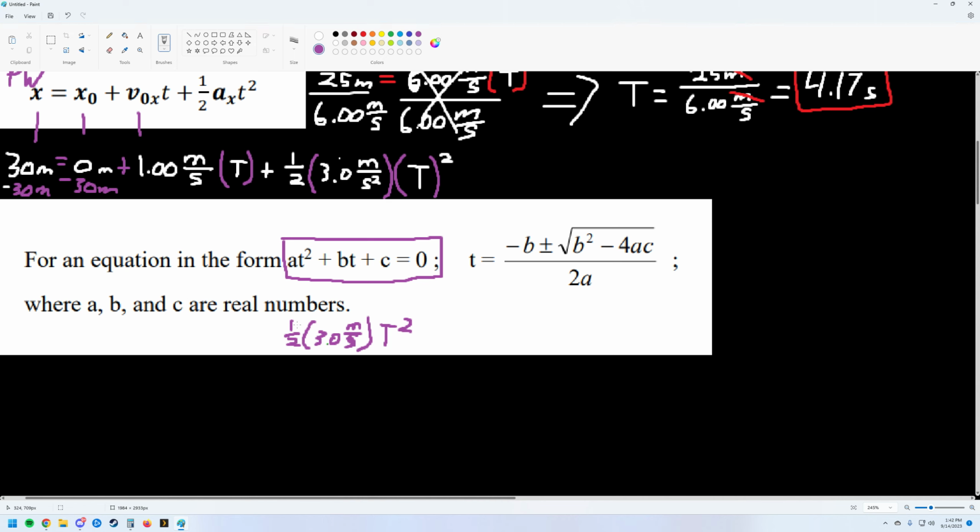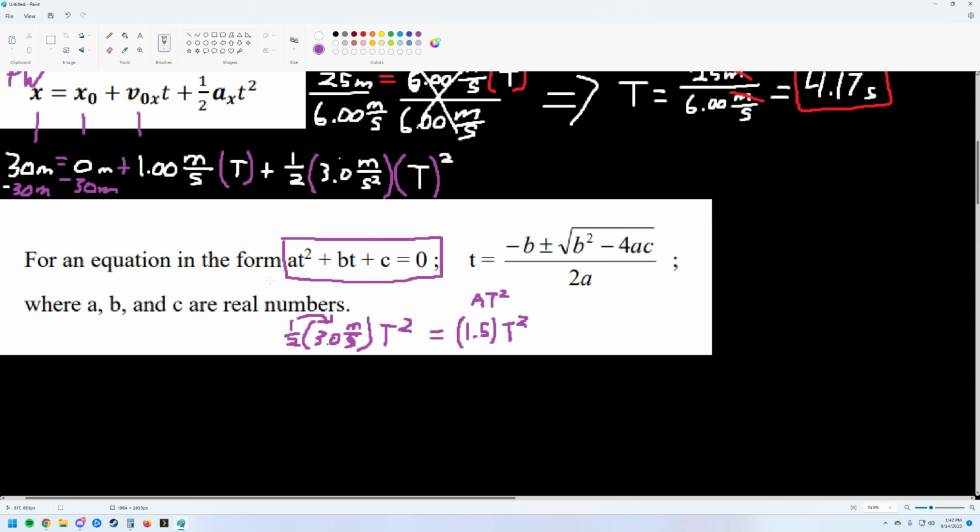We need to actually factor in our 1/2 into our 3.0. So that'll end up giving us 1.5 t squared. Maybe this will make more sense now, because we have AT squared. This is our A, and obviously that's our t squared.